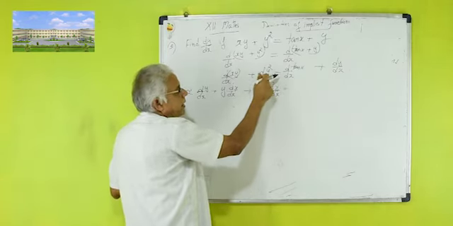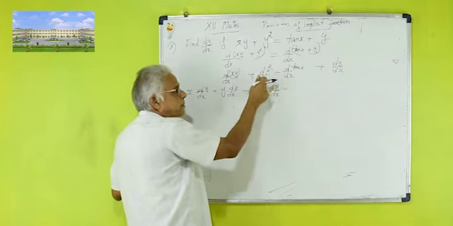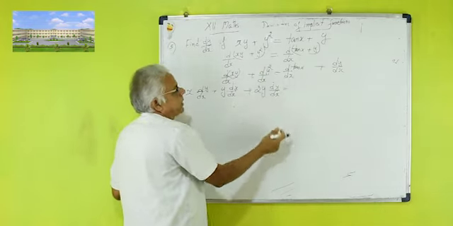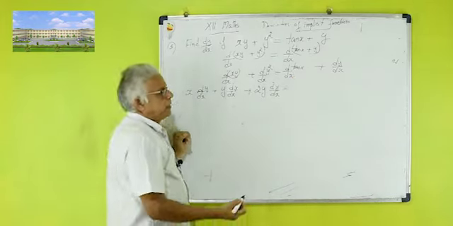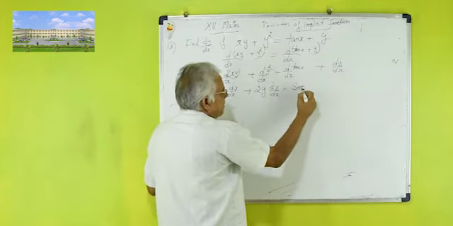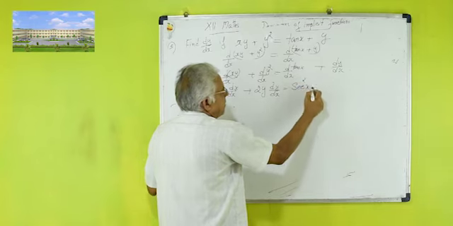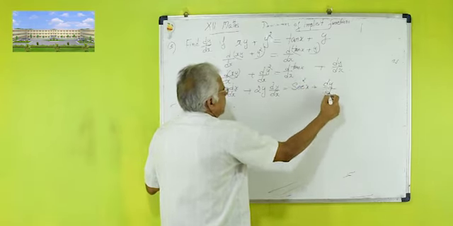The derivative of y² is 2y into dy by dx, chain rule applied. The derivative of x² would only be 2x, but the derivative of y² with respect to x is 2y into dy by dx. The derivative of tan x is sec² x, plus dy by dx.